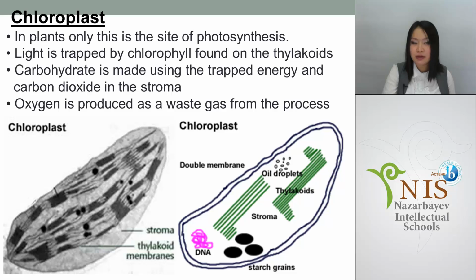Chloroplast is also double membraned. It has two membranes. Inside it has stroma, the liquid-like stuff. Then you could see here DNA. Then you could find here thylakoids, oil droplets, and starch grains.